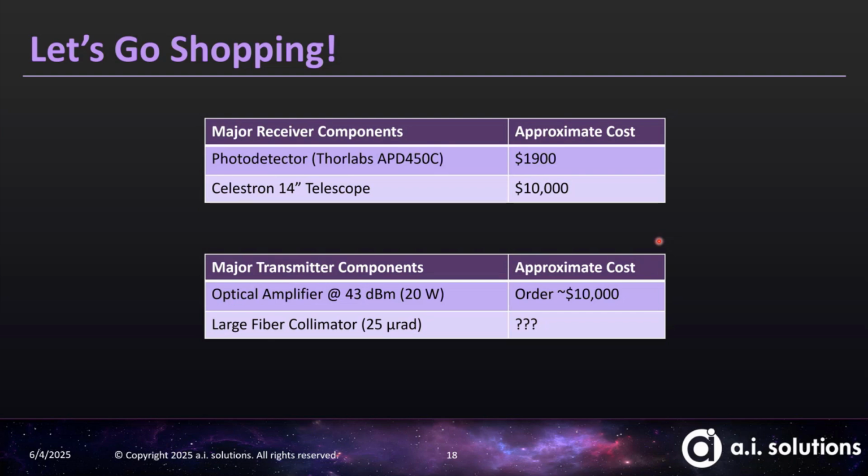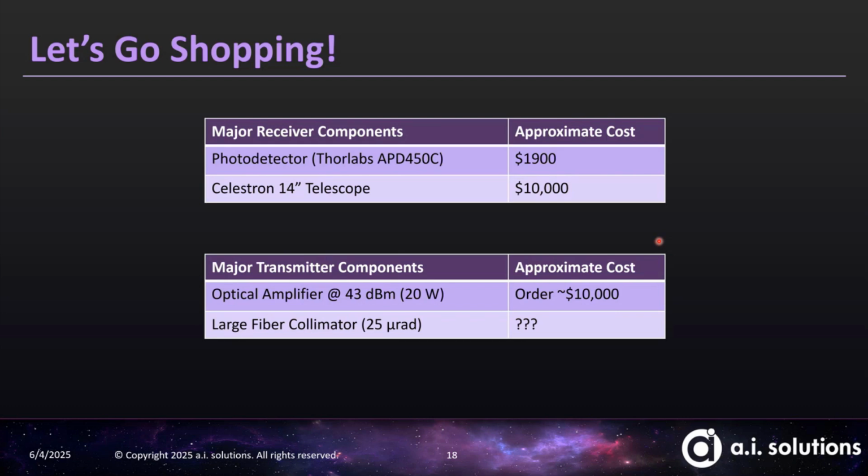For the telescope, you don't have to overthink this. I went with a very nice Celestron Schmidt-Cassegrain. This is the kind of thing any amateur would probably buy if they had enough money. It's not hard to get at all. In terms of the transmitter, it was harder to get a price, but I put on my old astrophysics hat and said it's on the order of $10,000 probably to get an optical amplifier that'll do bursts of 20 watts.